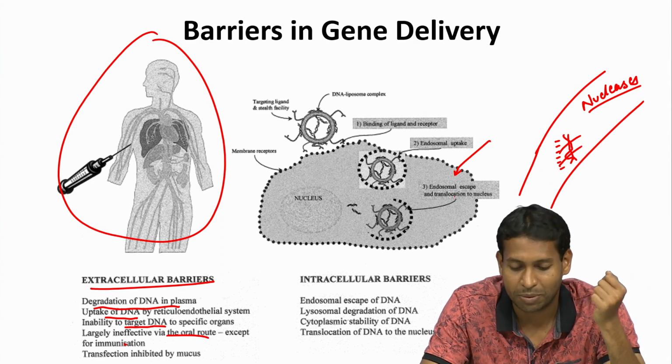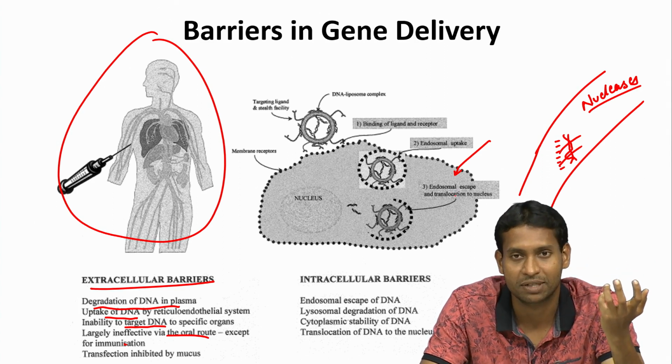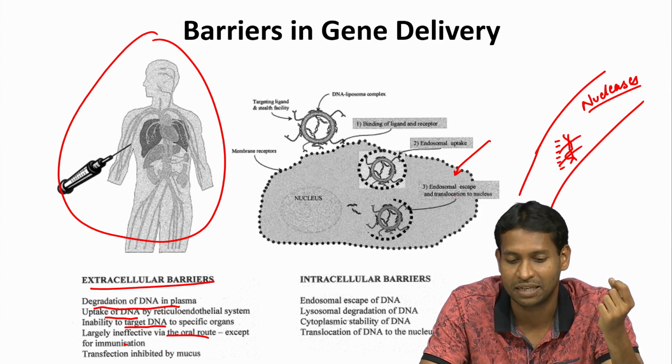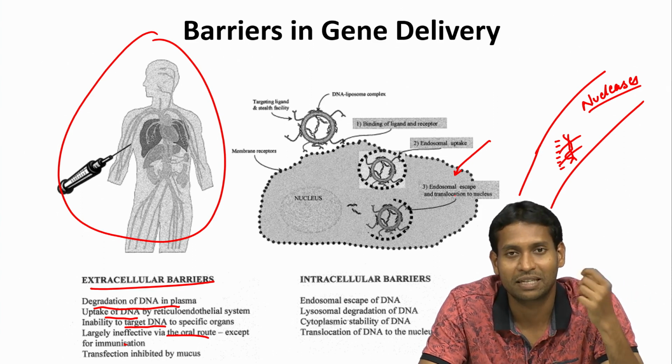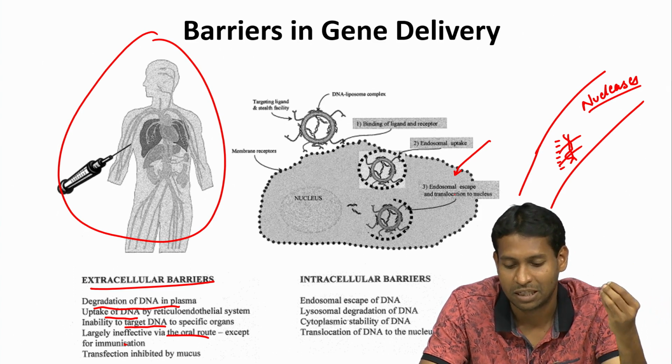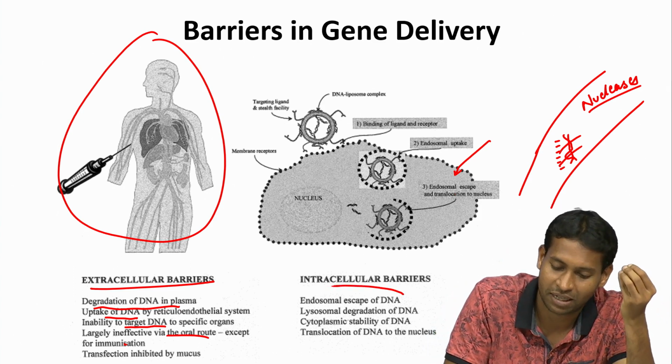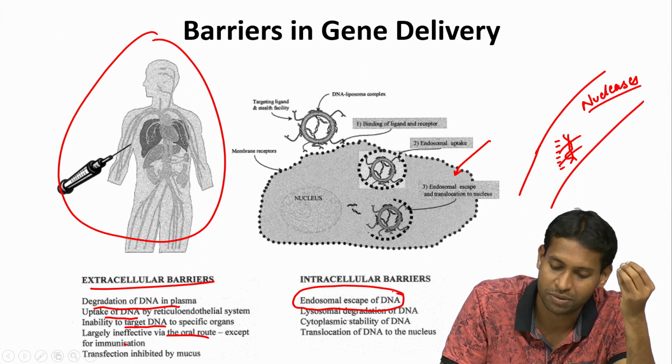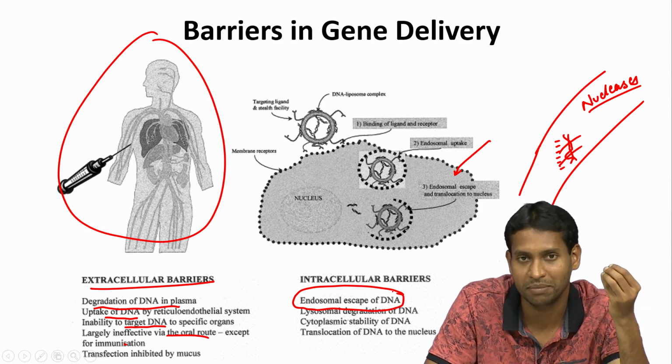So it has to be taken up by some endocytosis method that we discussed previously. But then the problem is that these endocytosis methods will end up going to endosomes. If it does go to an endosome, then you have to worry about how to escape out from those endosomes. That is a problem.